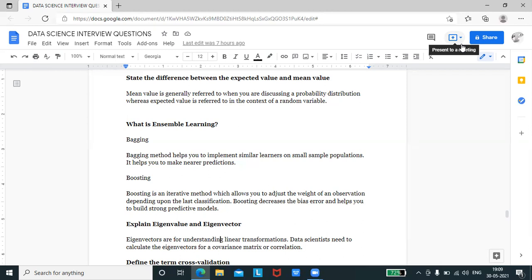For a square matrix A, an eigenvector and eigenvalue make the equation: A multiplied by V equals lambda multiplied by V, where A is the matrix, V is the eigenvector, and lambda is the eigenvalue.